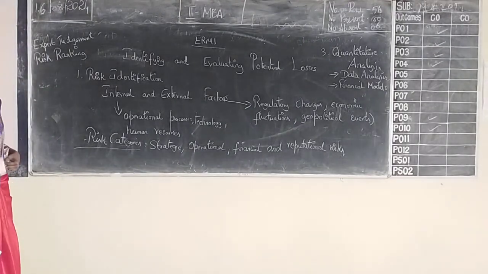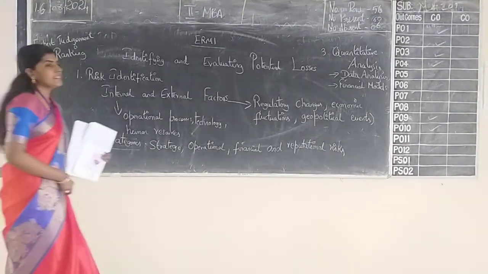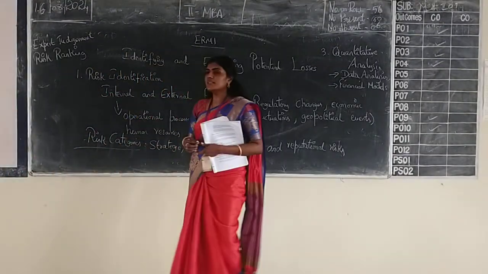So the fourth one is the qualitative analysis, where you have two types. That is the expert judgment and the risk ranking.